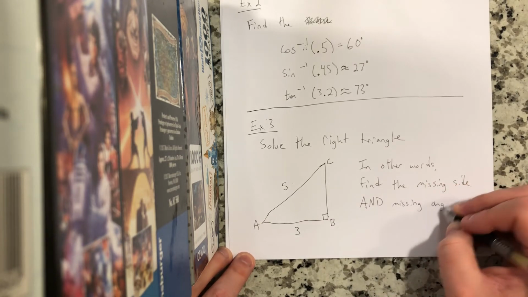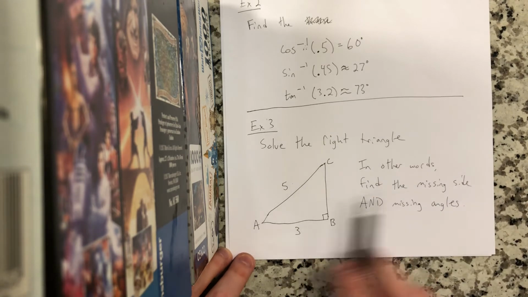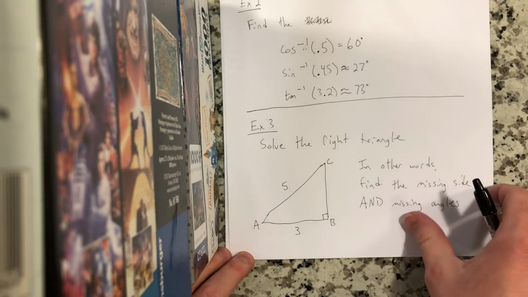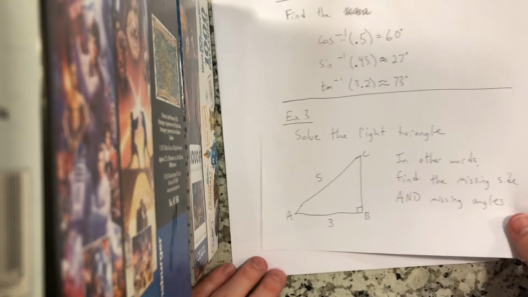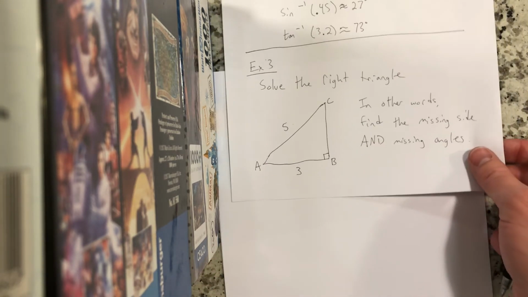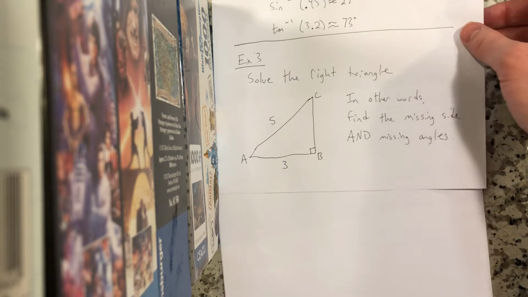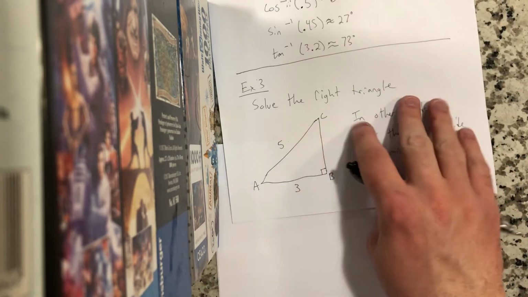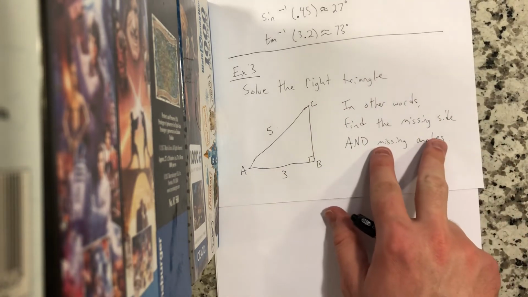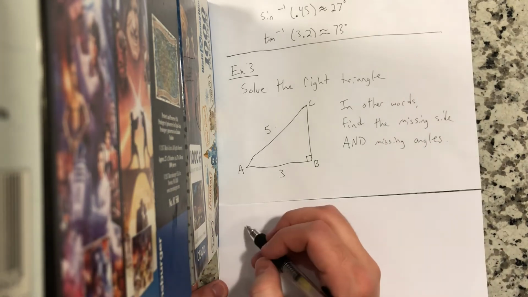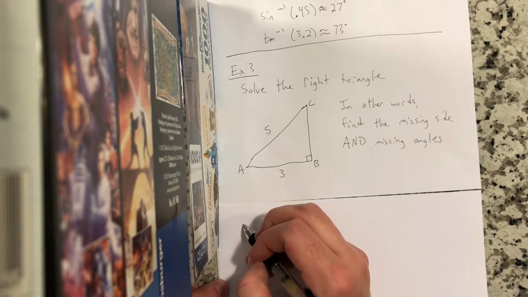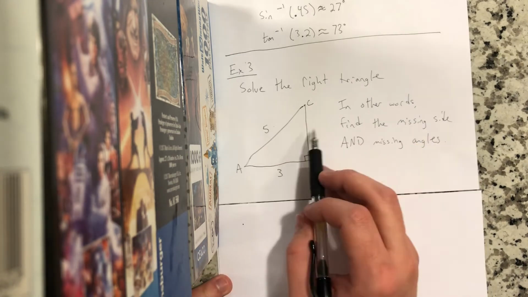So we need to get everything. What I'll do is try to keep that in the frame as much as possible while I'm working down here. All right. So the first thing we're going to do, let's do the easy thing.